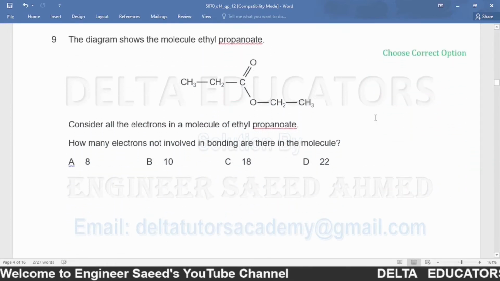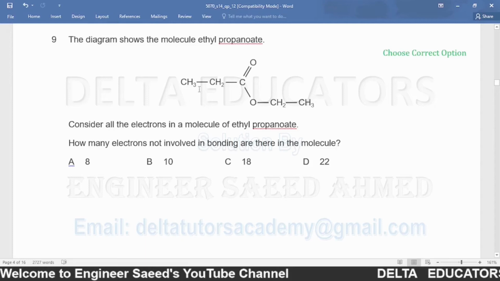Question number 9. The diagram shows the molecule ethyl propanoate. Consider all the electrons in a molecule of ethyl propanoate. How many electrons not involved in bonding are there in the molecule? In carbon, we have 6 electrons. Out of 6, 4 electrons take part in the bonding, so only 2 electrons are not taking part in the bonding.